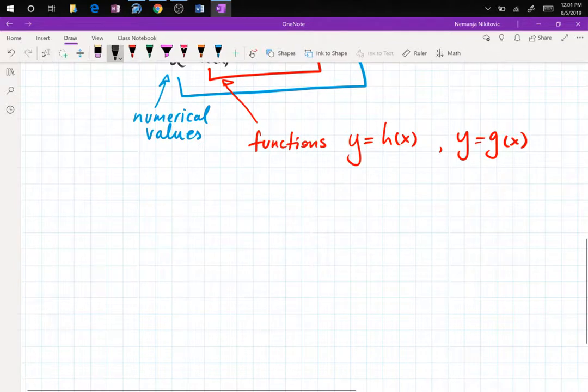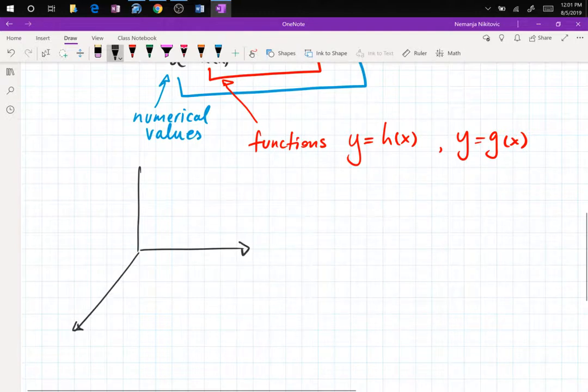So now if I am to draw this in x, y, and z, let's take a look at some kind of situation here.